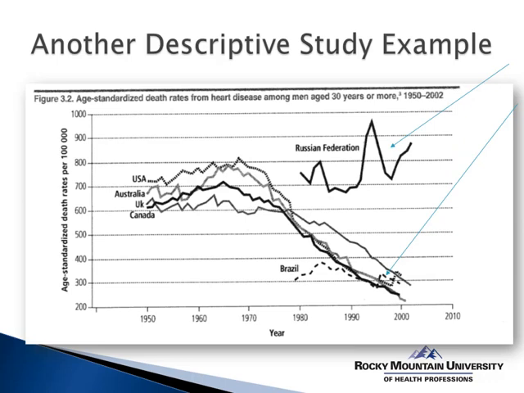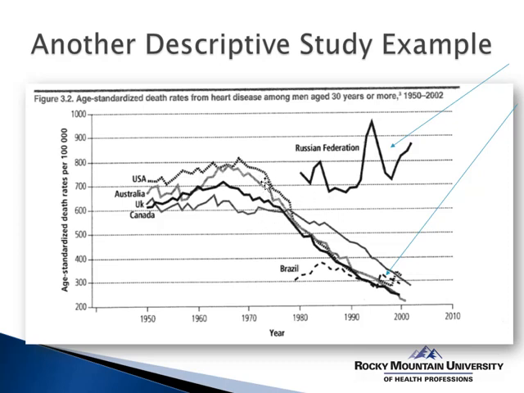Another similar descriptive type of study here, where it's illustrating a certain death rate per 100,000 people, heart disease, men aged 30 years or more, and we see around the 70s, mid-70s, that we start to see a decline. What can you speculate?